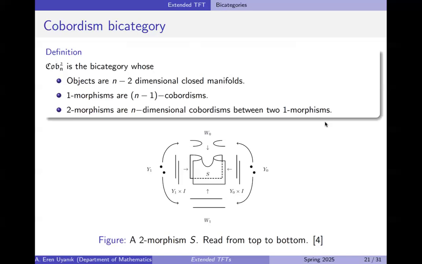For example, in R3, the corner should be homeomorphic to this part. This is just homeomorphic in dimension to the positive part of the plane. So you need to also extend your definition of cobordism from a closed manifold to a manifold with corner.